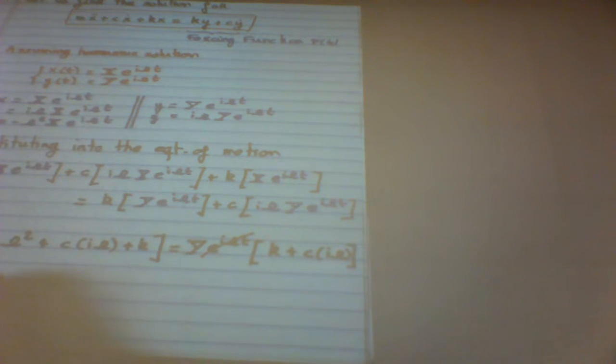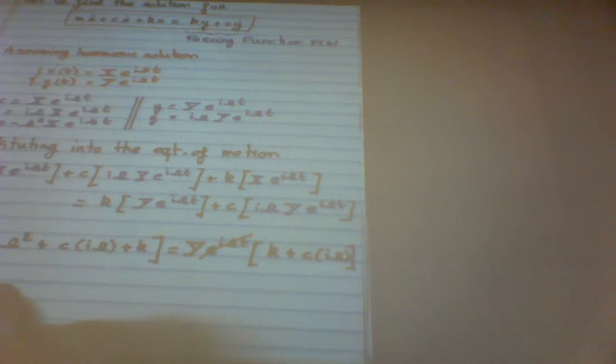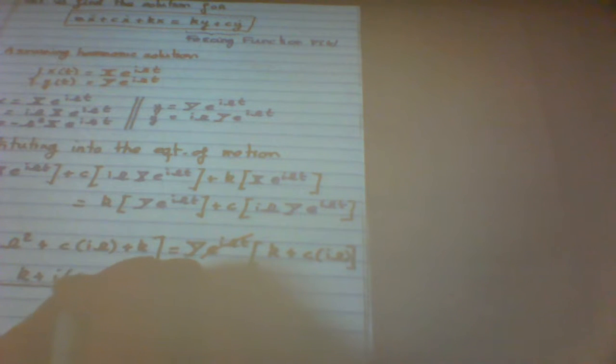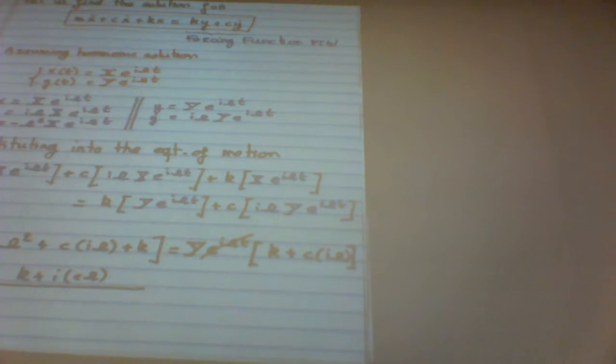That X over Y will be equal to k plus i c omega, divided by minus m omega squared plus i c omega plus k.